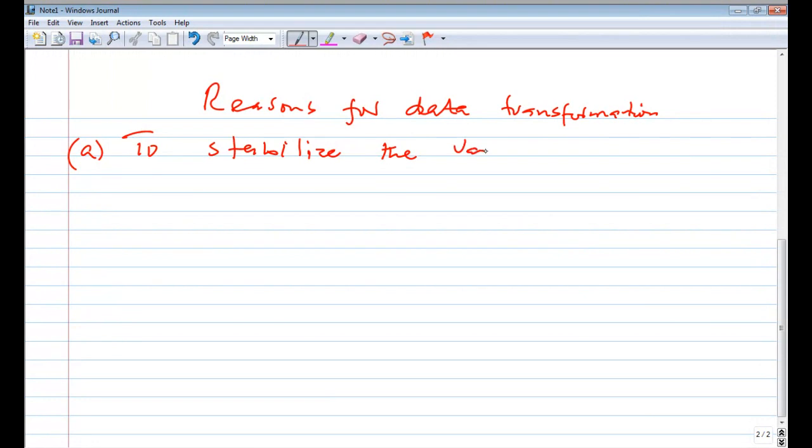Stabilize the variance, that's number one, because sometimes you can find that the variance is increasing, so we just want to stabilize it. Number two, to make the data normally distributed.